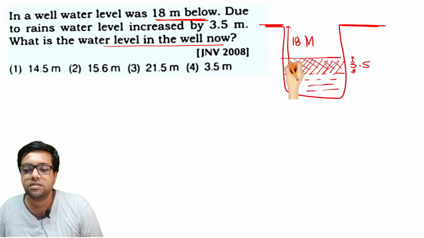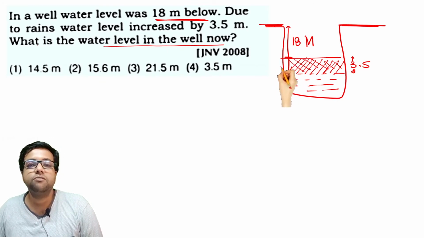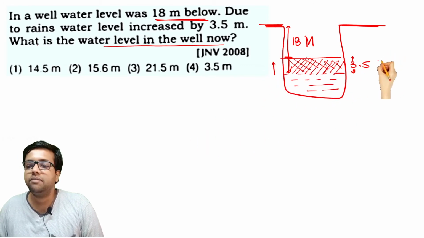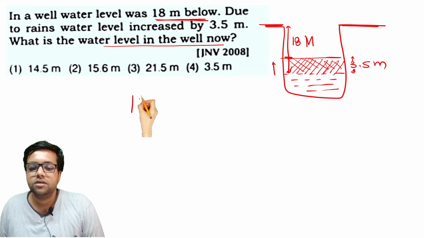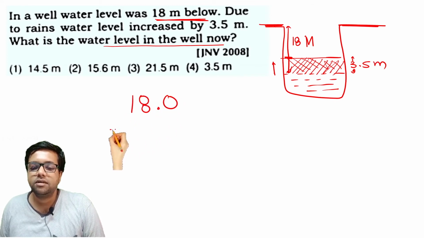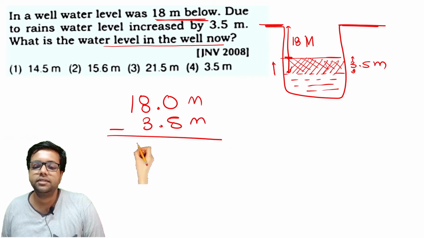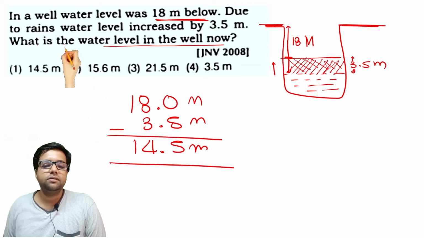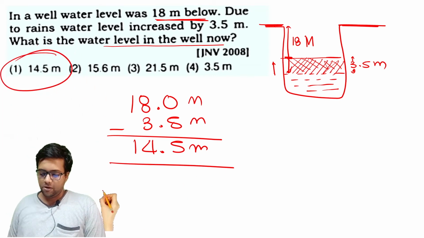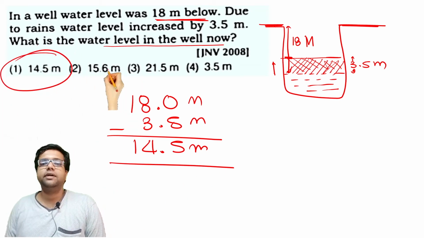Now it has increased, so 18 meters will be subtracted by 3.5 meters. What will you get? You will get 14.5 meters. So option 1 is your right answer.